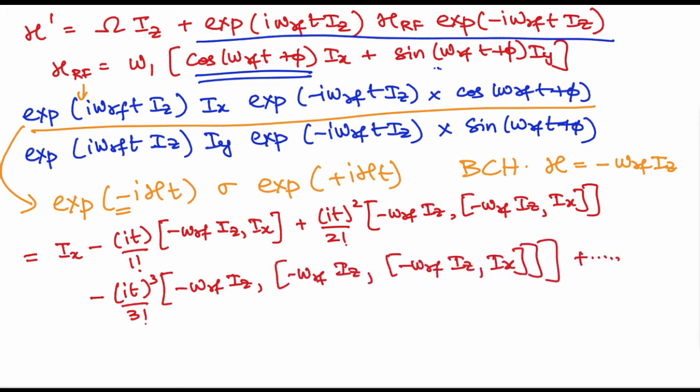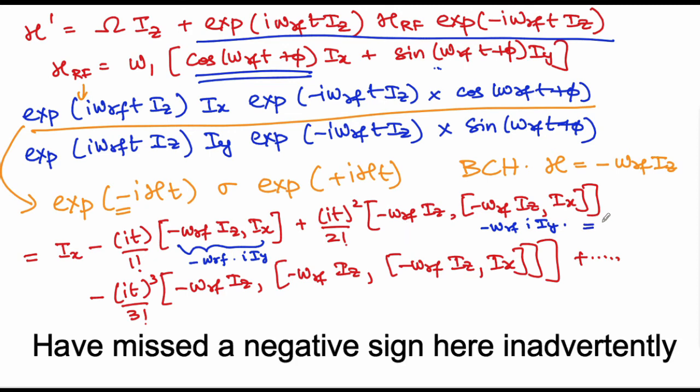So let's do it one step at a time. You would understand that this would end up becoming minus omega_RF times Iy. So therefore, I'm just going to borrow it here, minus omega_RF times Iy. So what will be the commutator of these two? That will be equal to minus of a minus, which becomes plus omega_RF squared. [Iz, Iy] would be minus Ix. So therefore, minus i squared Ix.